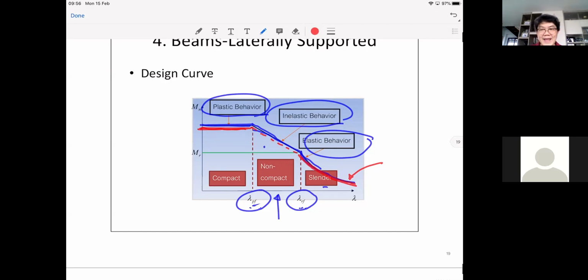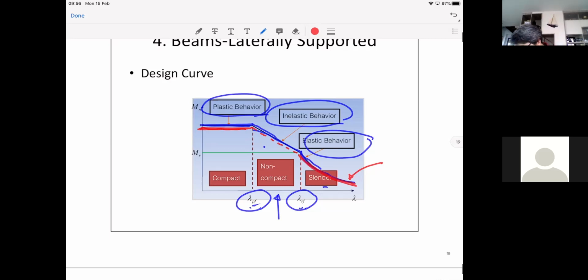That's why it is there, but the behavior here is just assumed to be linear, sort of. So that becomes our design curve if we have either the flange or the web that is not compact, and your moment capacity will be reduced accordingly.